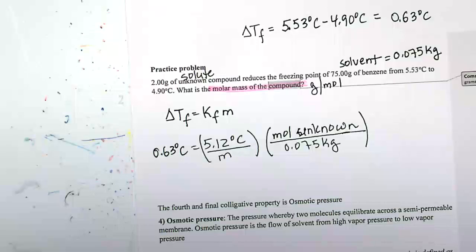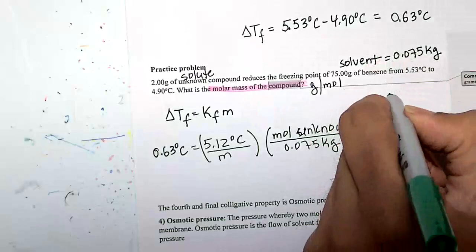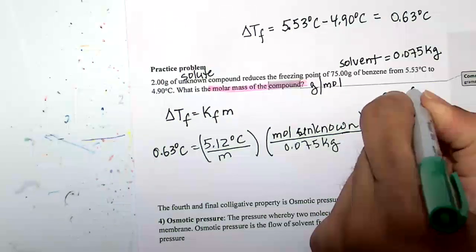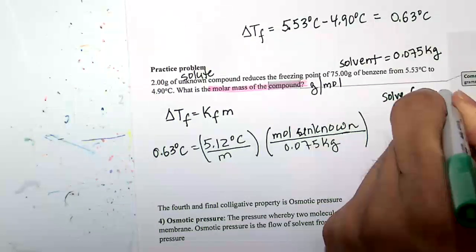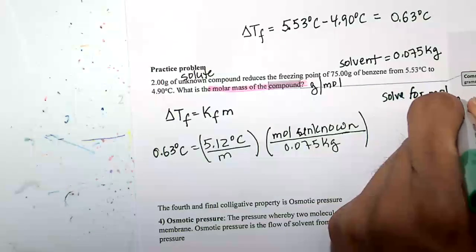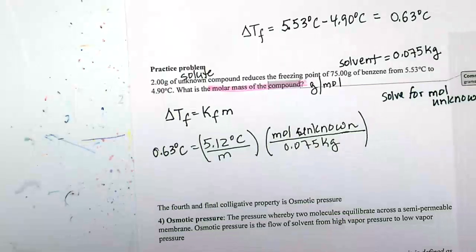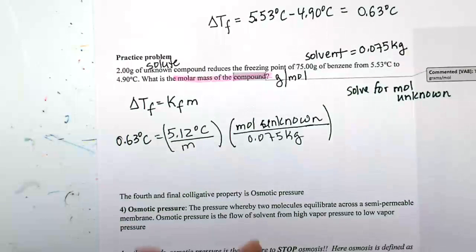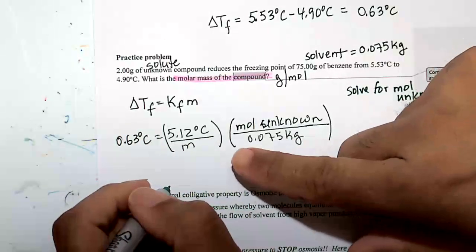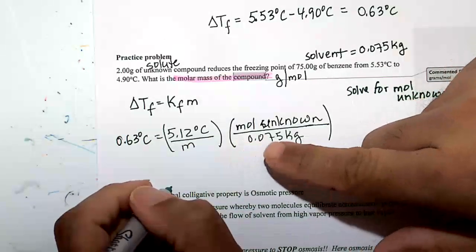So we're going to solve for moles of unknown. You guys know how to do this math?